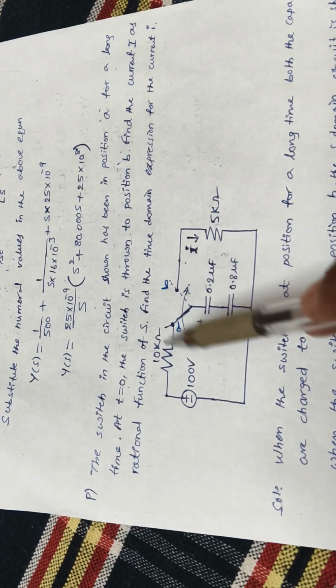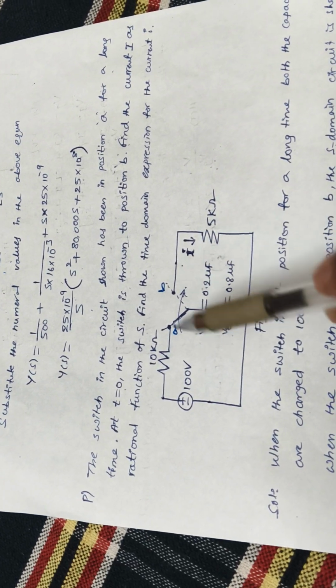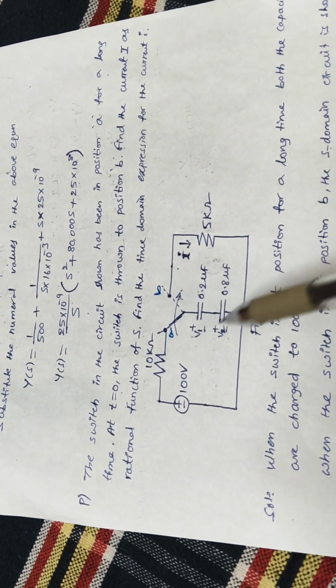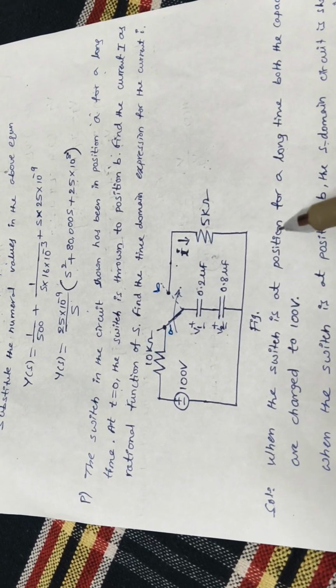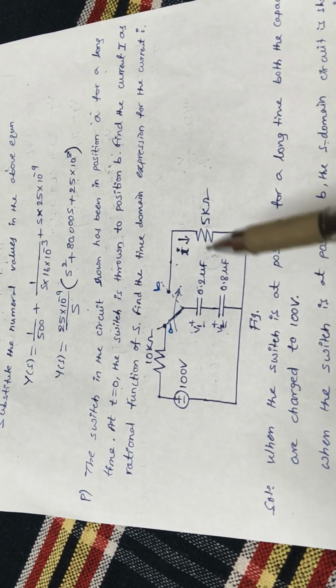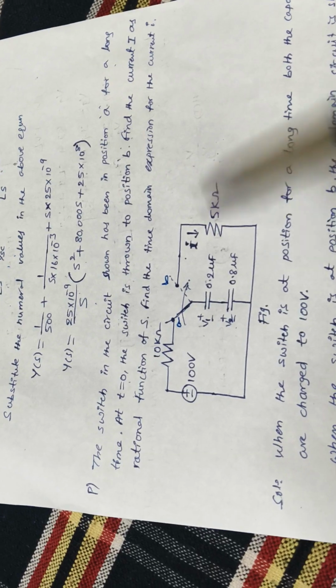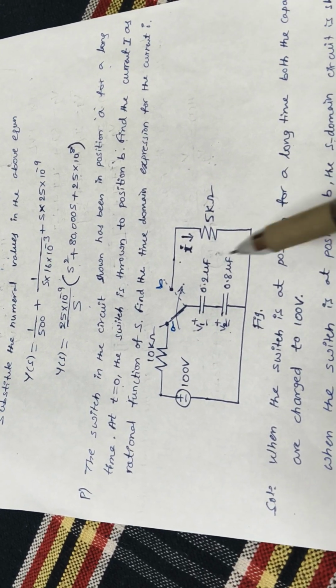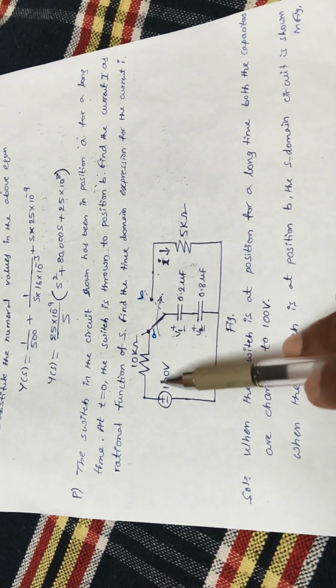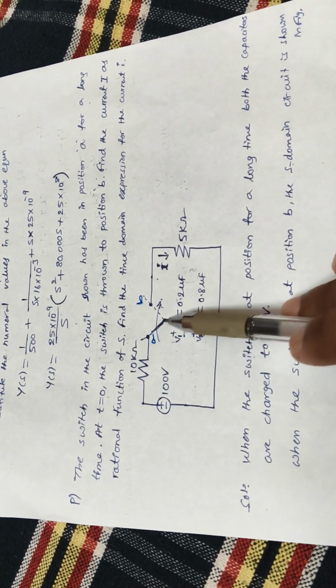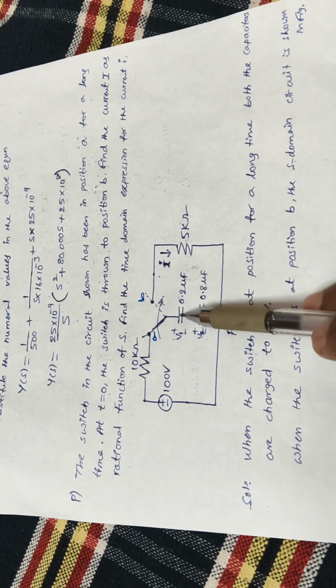For this circuit diagram, we have already done a similar kind of circuit during the DC transient analysis. But in the application of Laplace transform, we are doing it in the S domain, and we are trying to convert that into the time domain by applying the inverse Laplace transform. So when the switch is at position A for a long time, the 100 volts is charged into the capacitances 0.2 microfarad and 0.8 microfarad.